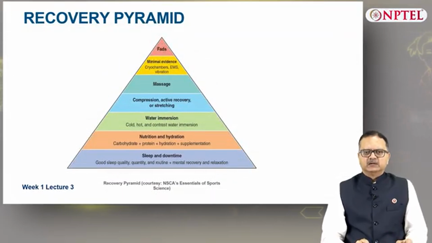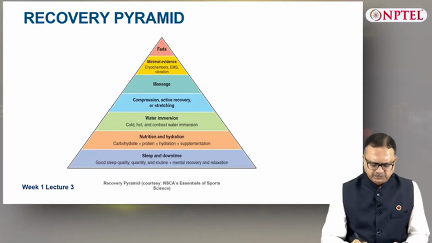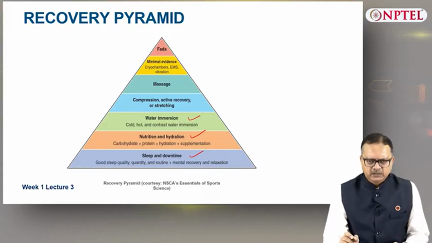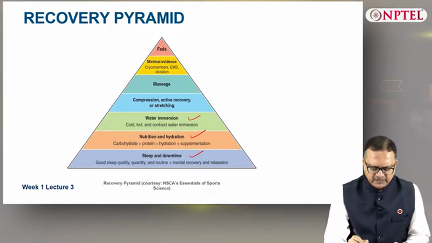There is something called a recovery pyramid which you should be using for training your athlete. More sleep and downtime. Focus on nutrition and hydration. Use recovery aids such as cold, hot and contrast water immersion. Use recovery aids such as compression, active recovery or stretching.